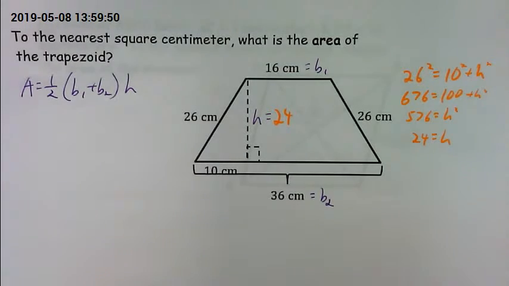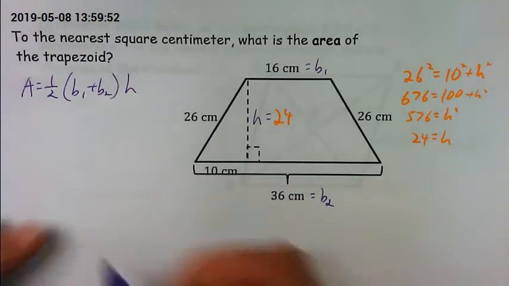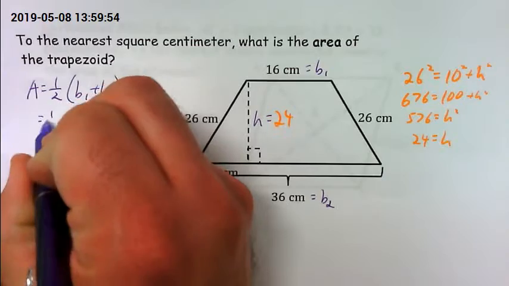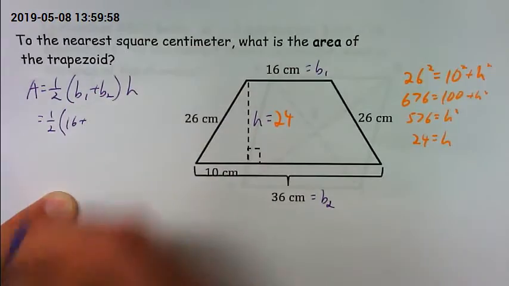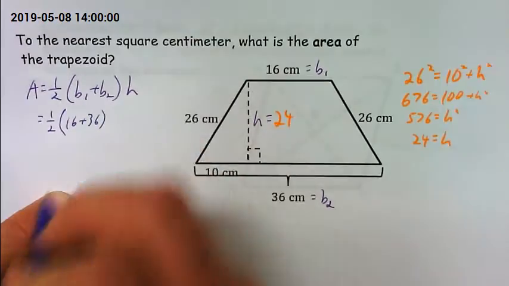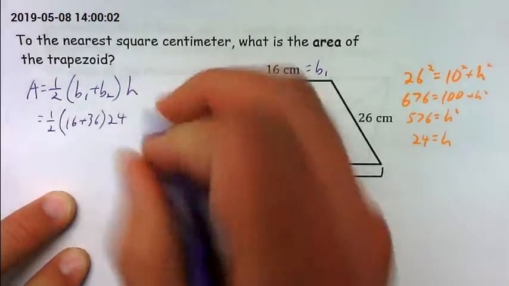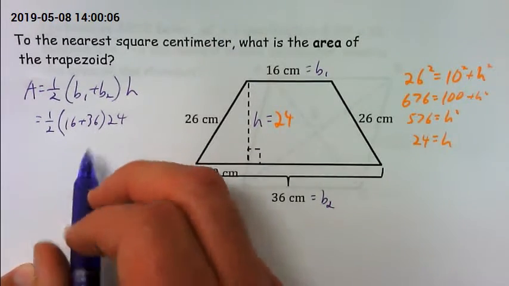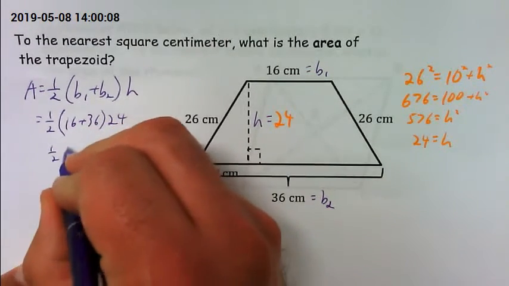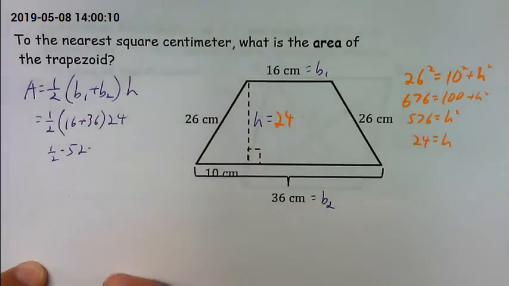Now that we have an H and we have both bases, you can plug it in. So, 1/2 times 16 plus 36 times 24. 16 and 36 is 52. Now, it doesn't matter what order you multiply this in.